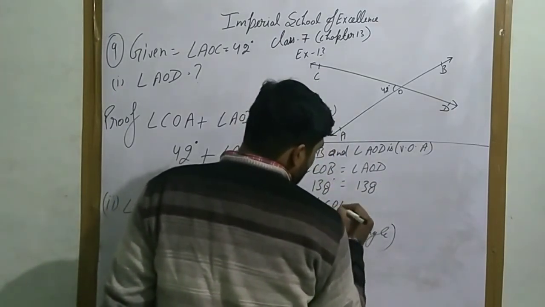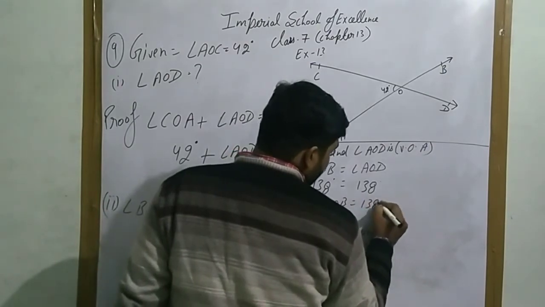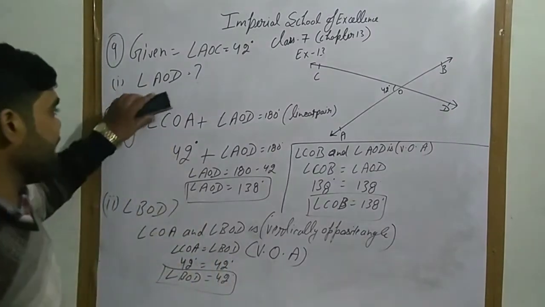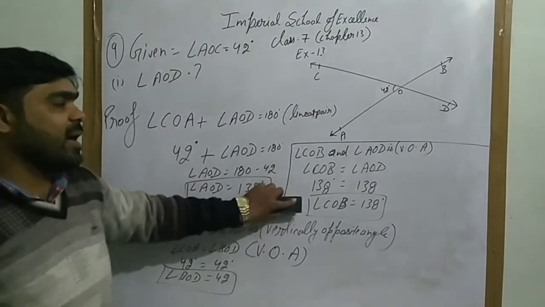So angle COB equals 138 degrees. We have found all three parts: angle AOD, angle BOD, and angle COB.